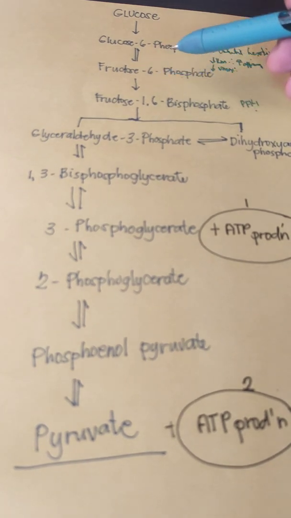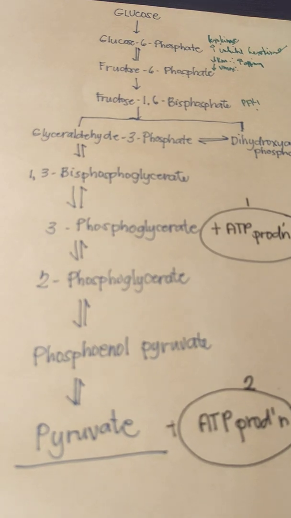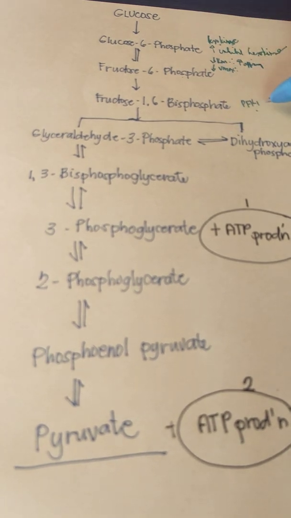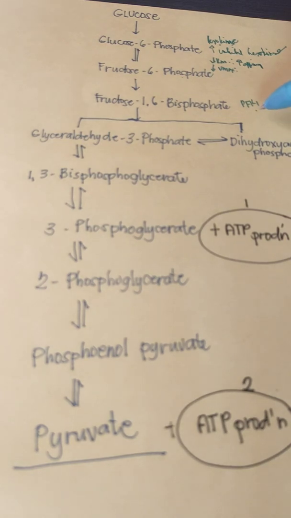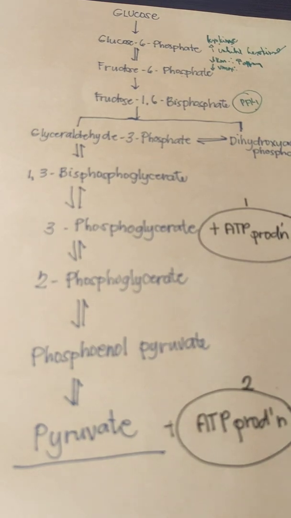That is actually the difference between PFK1 and PFK2. PFK2 can act as a kinase, and at the same time it is a phosphatase. PFK1 is a kinase only, while PFK2 is both phosphatase and kinase.